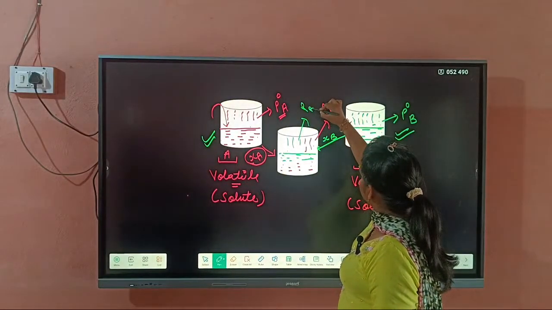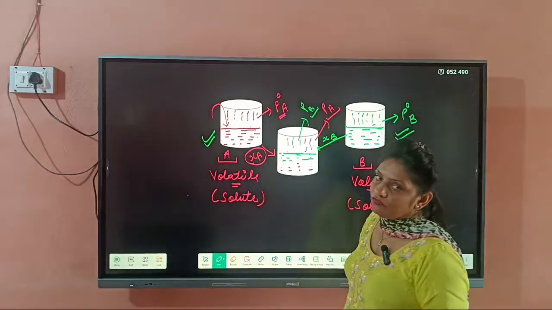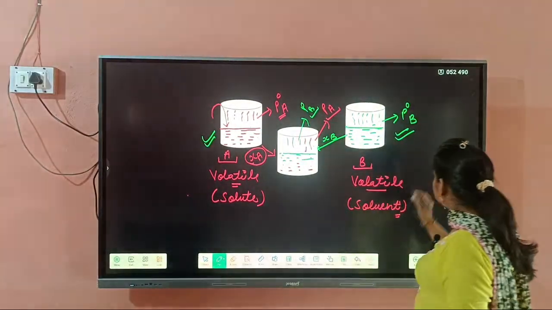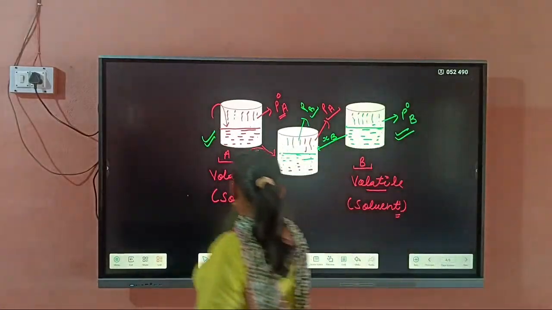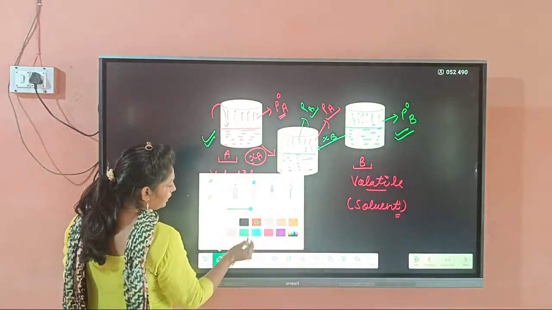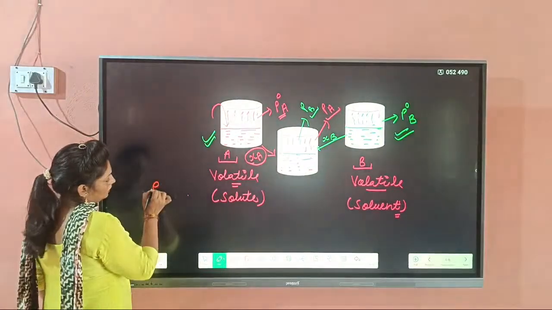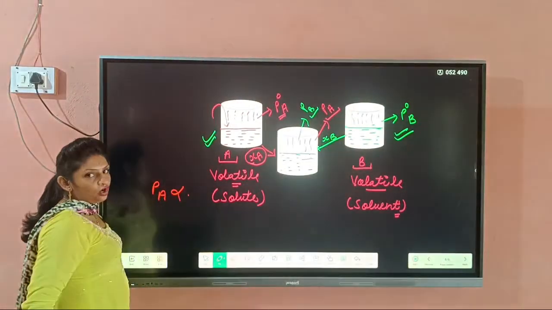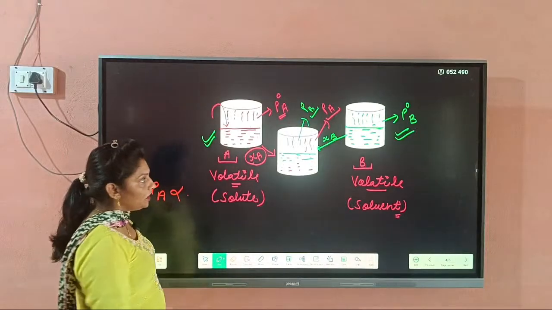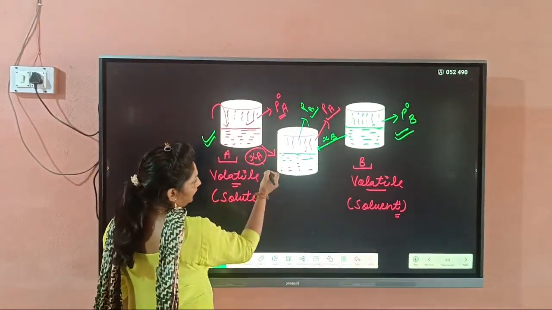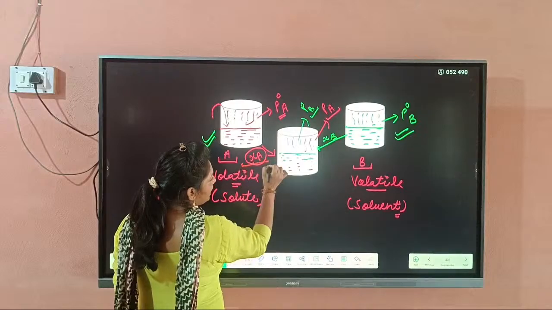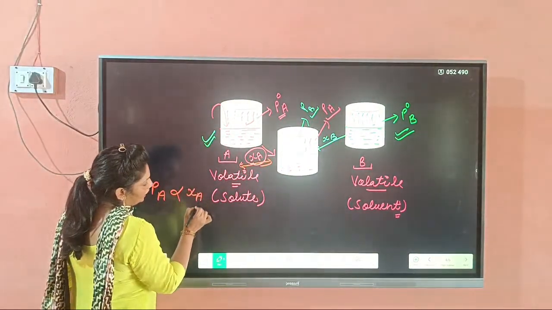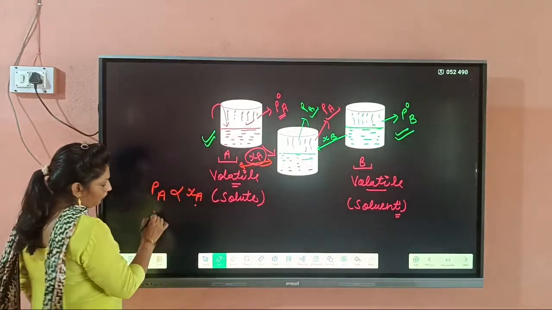That is known as the partial pressure of B. According to Raoult's law, this partial pressure is directly proportional to the mole fraction of that component. So here the mole fraction of A added into this solution is XA. So here PA is directly proportional to XA.